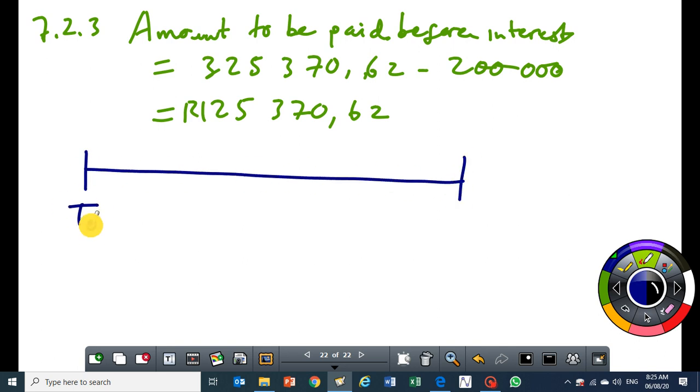The amount is paid here. Okay? Remember, the amount is paid here. Then I'm going to have our T1, our T2 for the second month. So after 3 months, we've got T3. Alright, after 3 months, it might be any time after this point here. Okay?